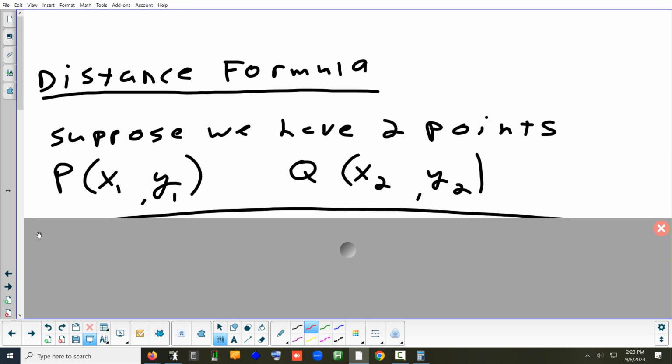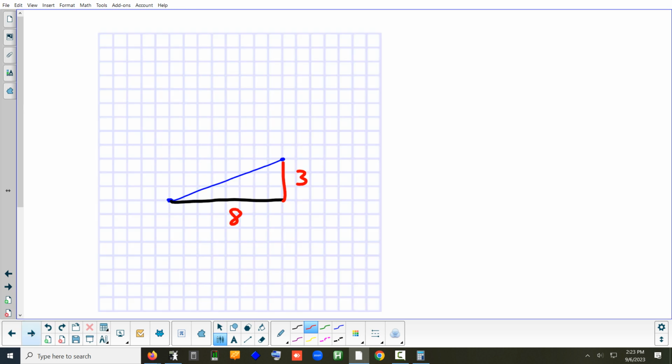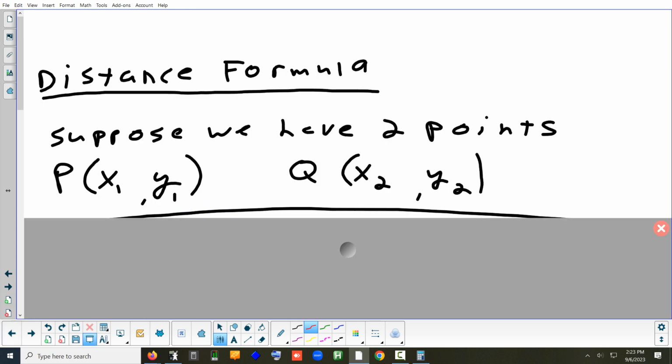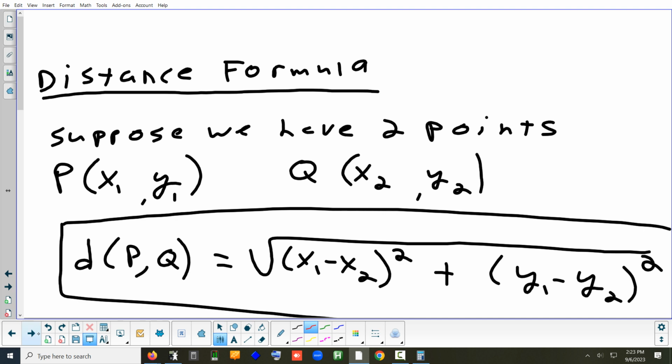First of all, you'd be given two coordinates. So in my problem, you could pretend like this is P. That's Q. And there's the formula to find the distance between them.